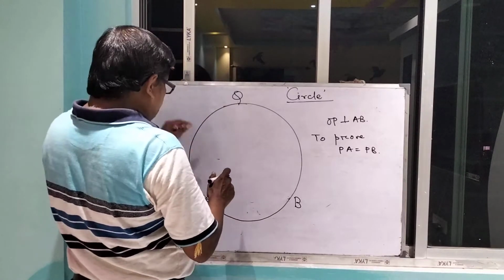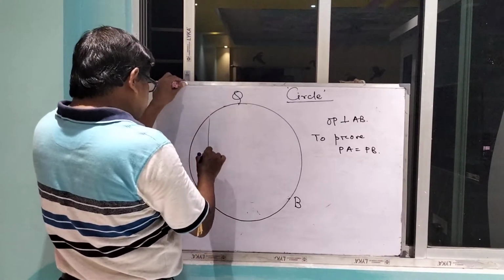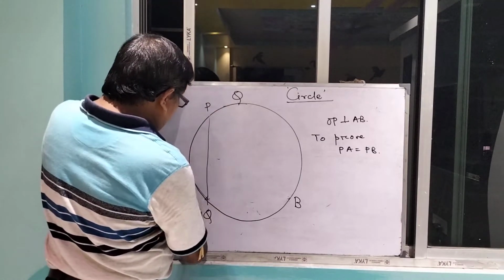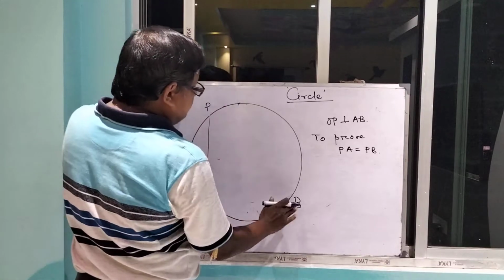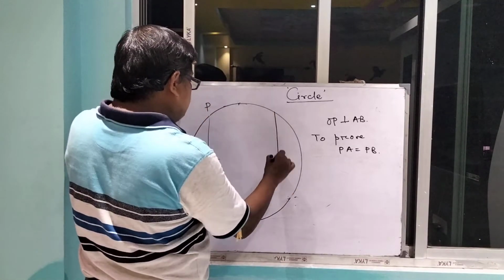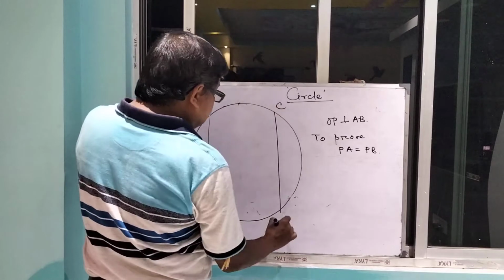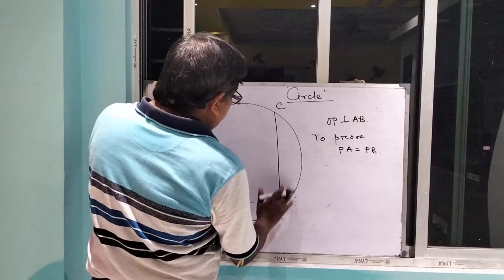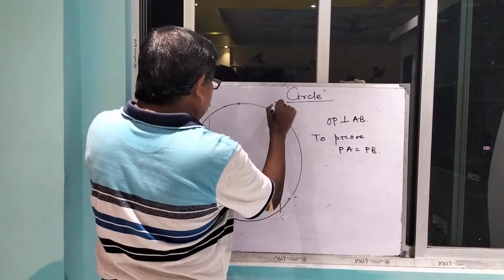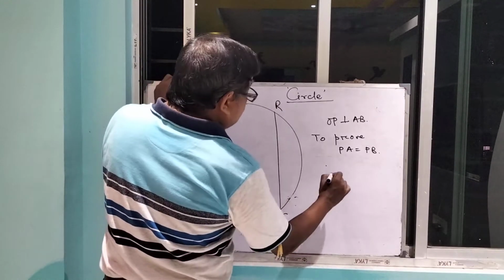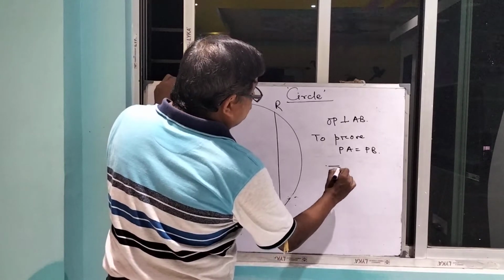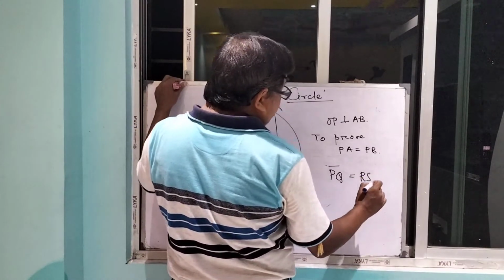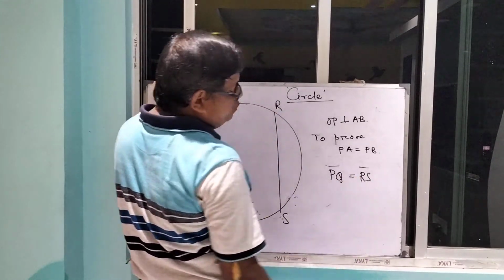Suppose two chords, look at here, I am writing here, PQ chord, and here suppose RS chord is given.